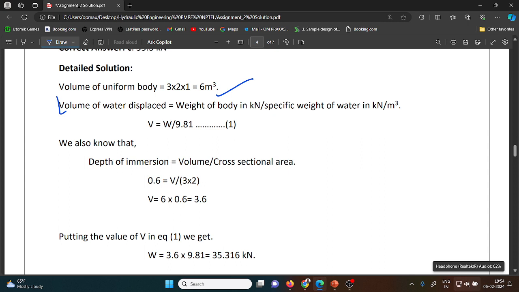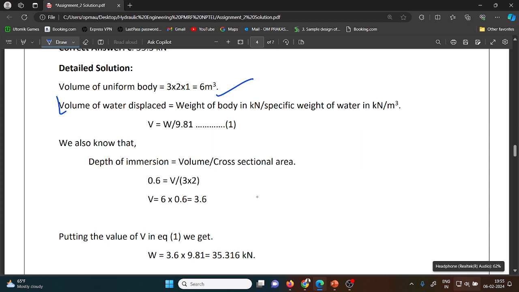Here we have taken water. The depth of immersion is telling us the immersion is 0.6 of the total volume, right? The total volume is 6 meter cube.